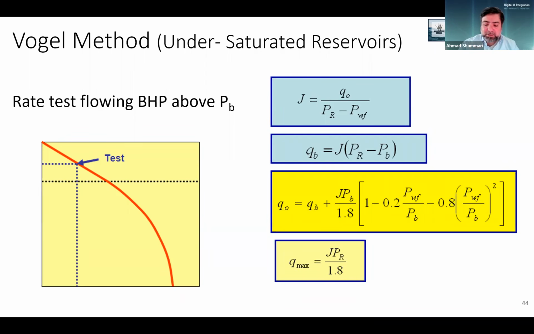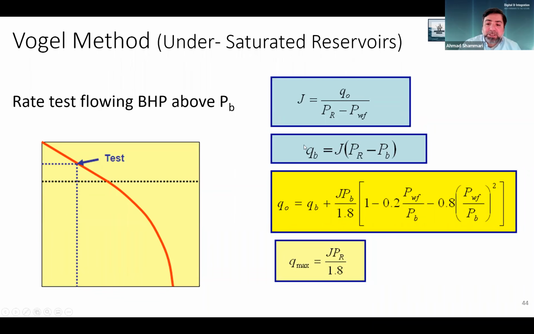So if we made a test and we found that the flow bottom pressure is above the bubble point pressure, well, that's easy, because we can calculate J directly from this equation here. We can say the J, or the productivity index, equals the flow rate divided by the drawdown, correct? And then from the productivity index, we find the flow rate at the bubble point pressure. How we do that? QB, or the flow rate at the bubble point pressure, equals the PI, the productivity index, multiplied by P reservoir minus PB.